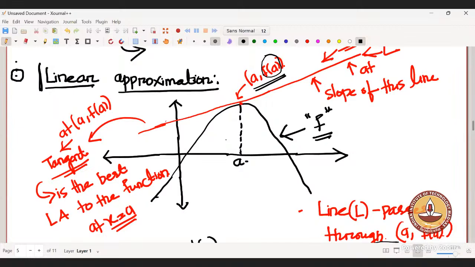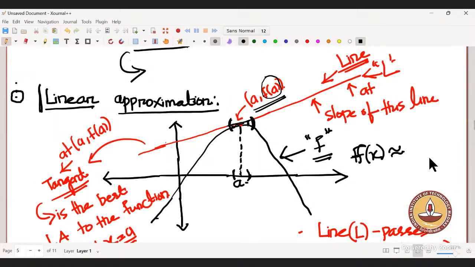As you can see, if I take the tangent, the value of this line is very close to the value of the function near this A. That's why we call this a linear approximation. So in a small interval containing A, the value of f of x is very close to L of x.